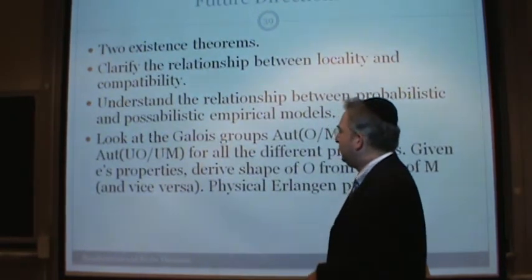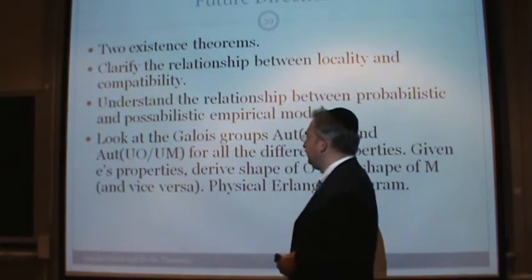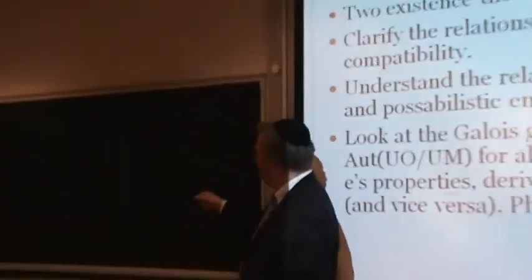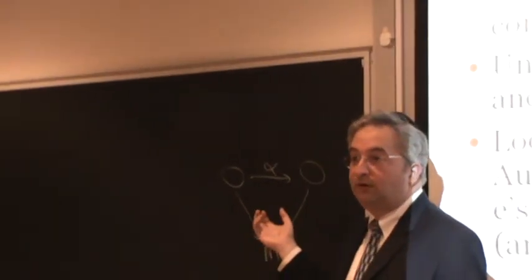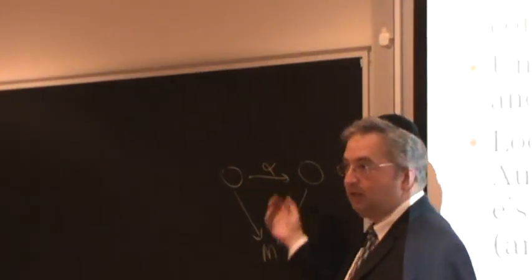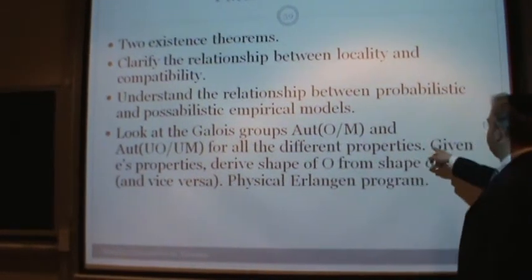How much you can mix, how rigid are your experiments? For example, if this is deterministic, the only automorphism like that is the identity. So the group becomes trivial. But if you have less than determinism, you can have all types of things like that, and you get into really nice cohomology theories and like that.